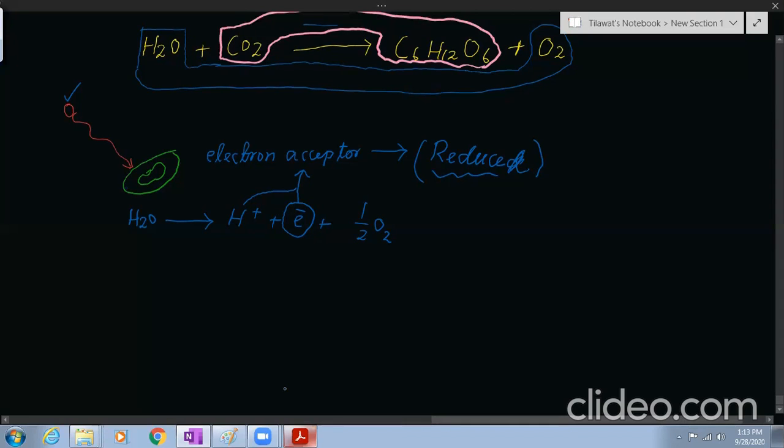He concluded that the chloroplast, or chlorophyll, the green pigment he isolated, has the ability to release oxygen from water and reduce the electron acceptor.